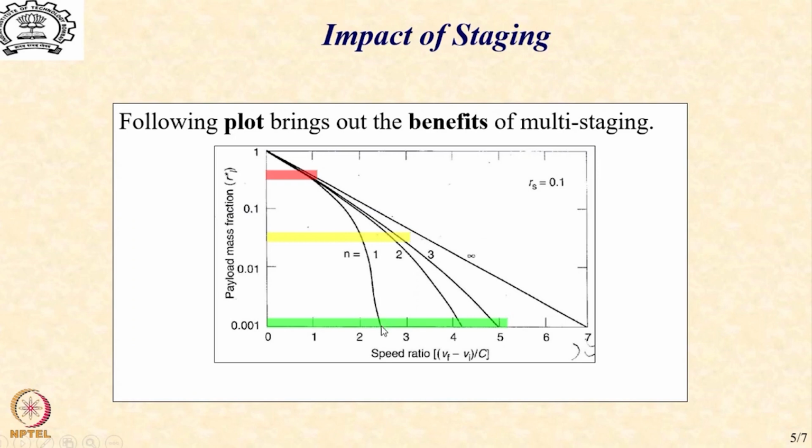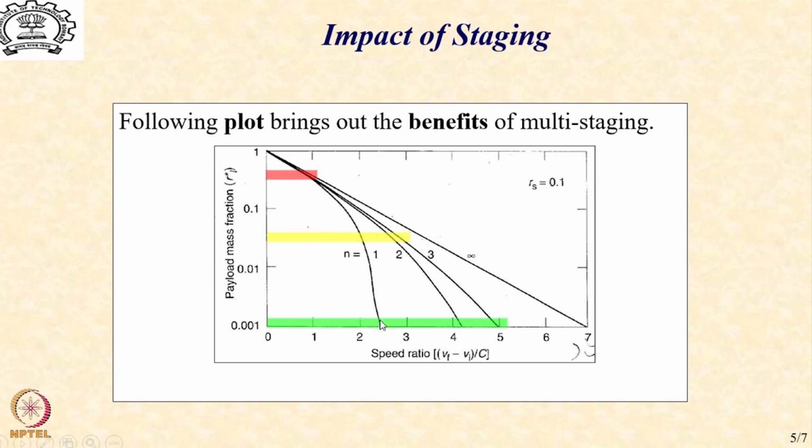Now in single stage operation, you immediately realize that you are going to get only 1 kg of payload per 1000 kg of the lift-off mass. That's the efficiency of your mass fraction.